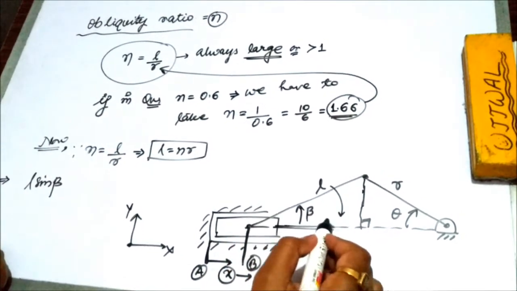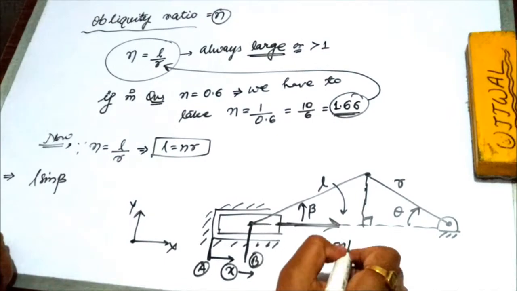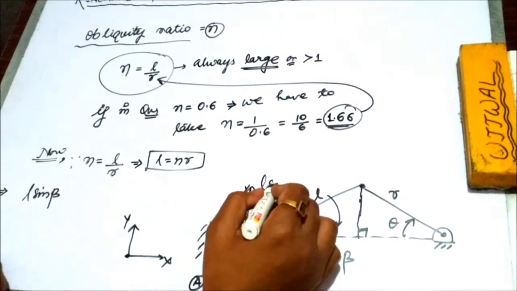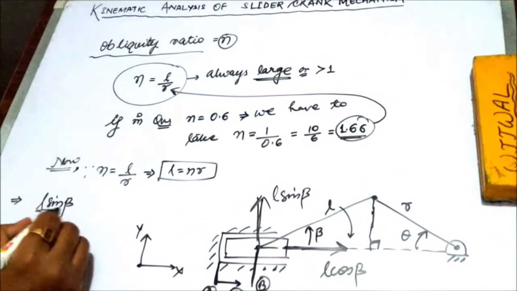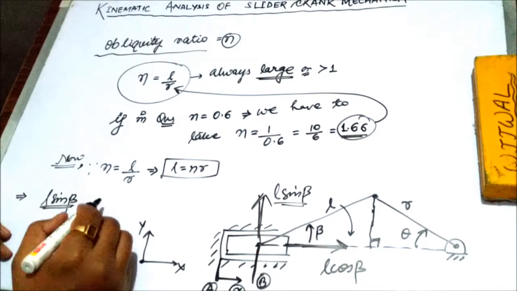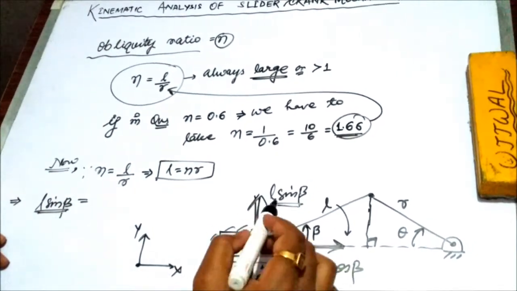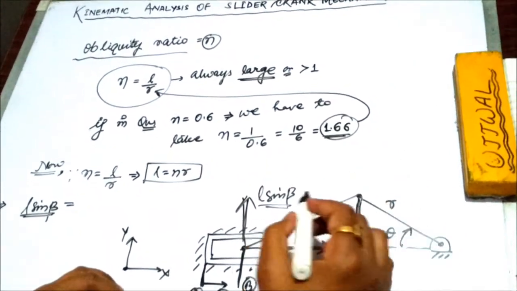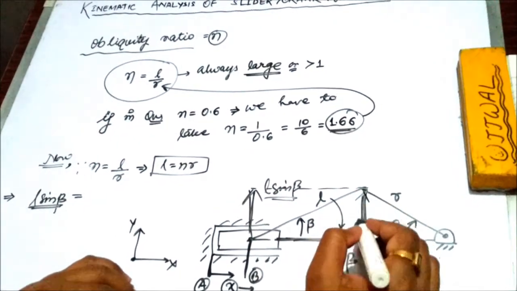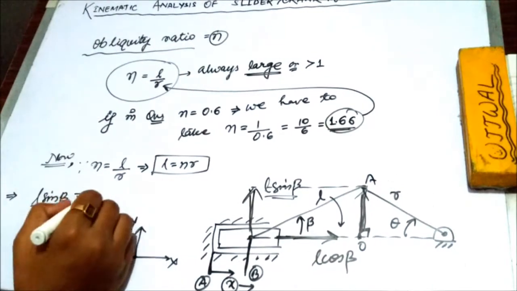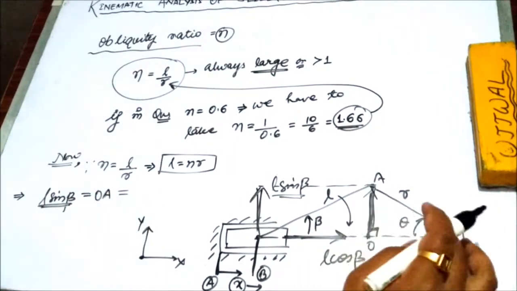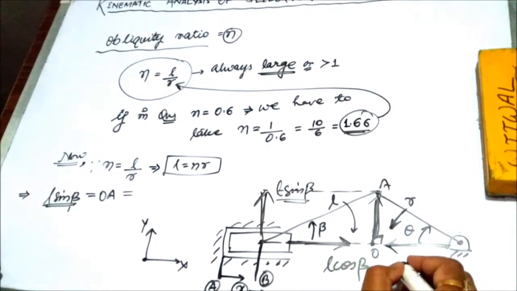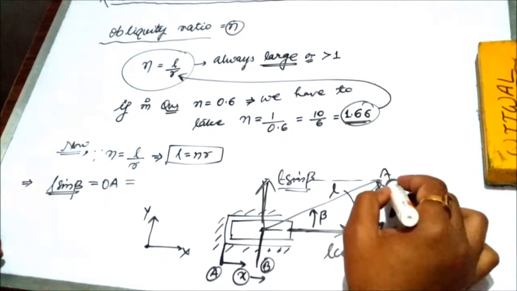Now let us find the value of L sin beta. Let us draw the perpendicular on this line. The component of the connecting rod length on the x axis is L cos beta, and on the y axis is L sin beta. In the other triangle, this perpendicular length will be equal to this value, because in the same triangle we have found the component of the hypotenuse.